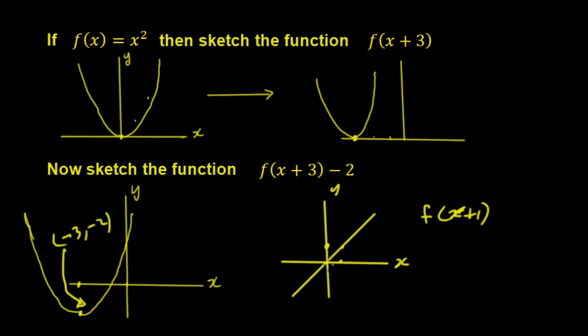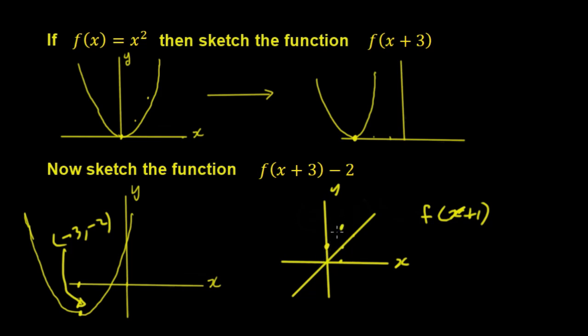So let's try another point. Let's say x is equal to 1. So we're looking for the y value when x is equal to 1. So when x is equal to 1, the y value is going to be 1 plus 1, which is 2, so it's the f of 2. So we come along to 2, and whenever we got to a value of 2. So it means that the f of 1 is equal to a value of 2. So that's this point up here.